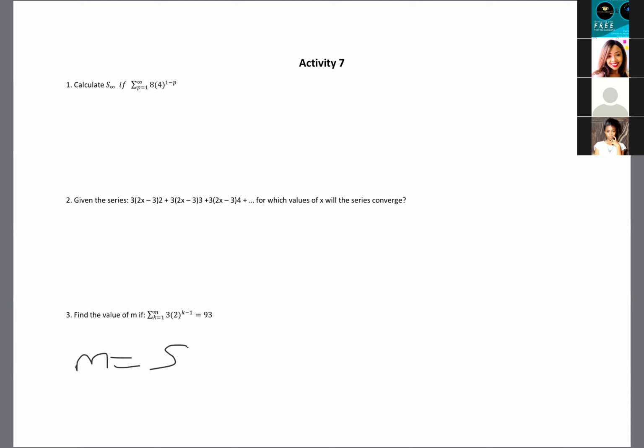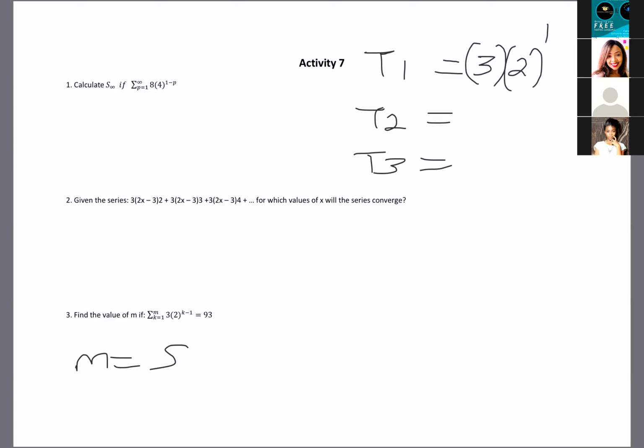Okay, so let's do it together quickly. You started at T1, T2, and T3, right? So what was your T1? It's 3. Your T1 is 3, so you substitute 3 times 2 to the 1 minus 1 is equal to 3, right?